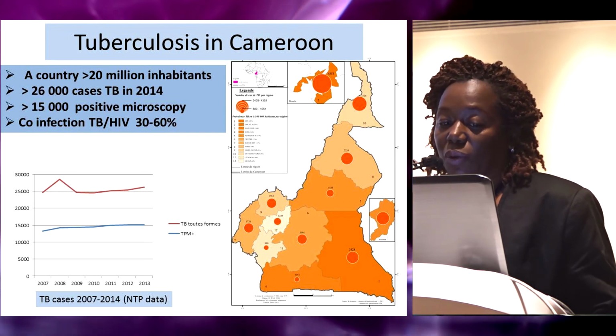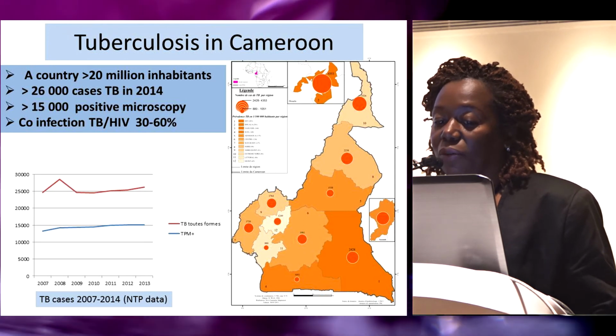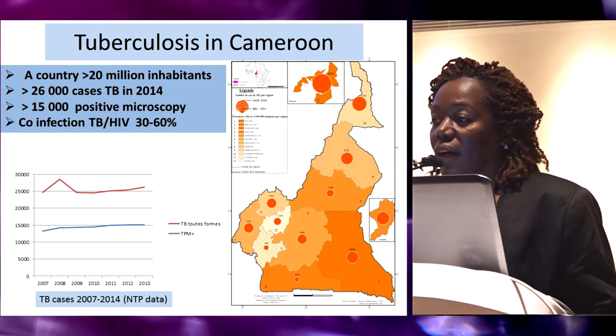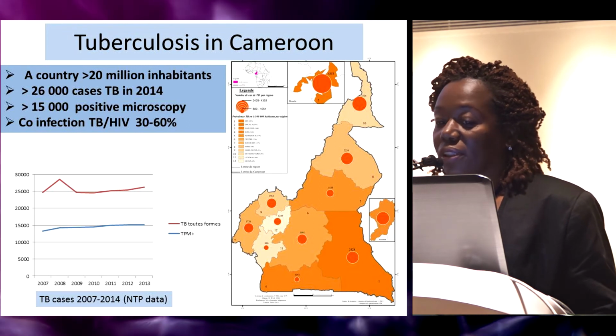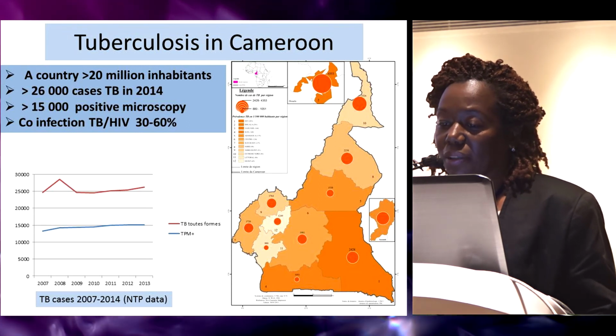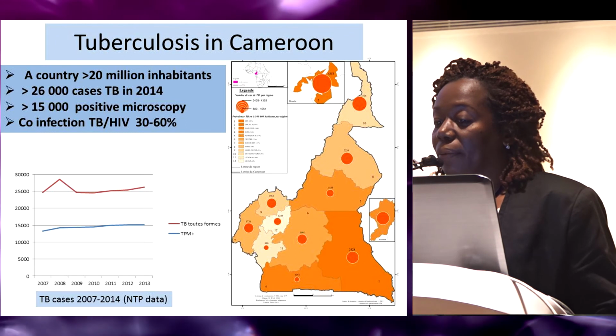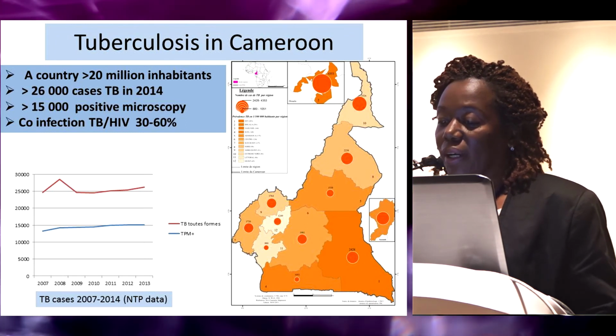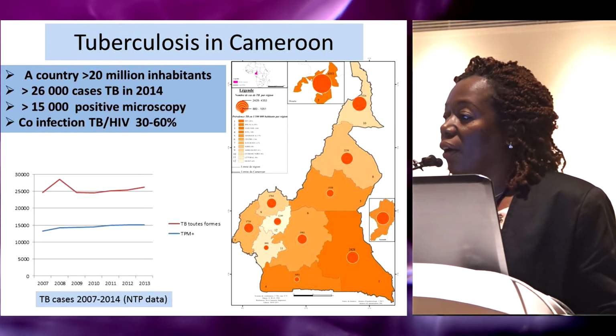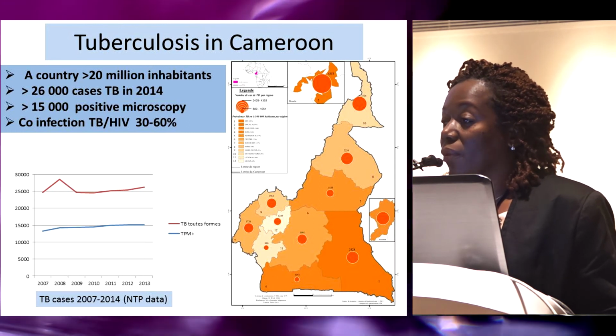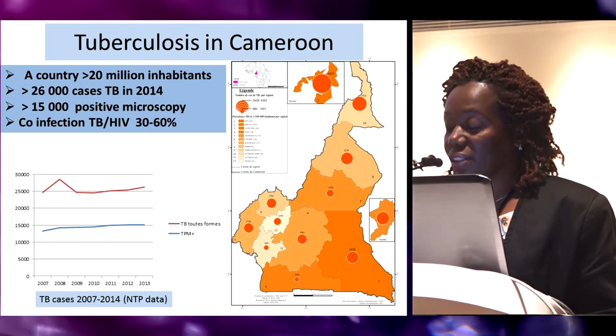And TB/HIV co-infection is still really high. It varies according to the region from 30 to 60%. The 2 main cities, Douala and Yaoundé, are reporting more than a quarter of all cases in Cameroon.